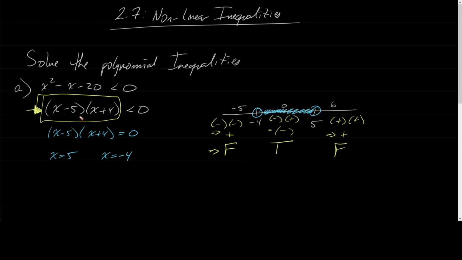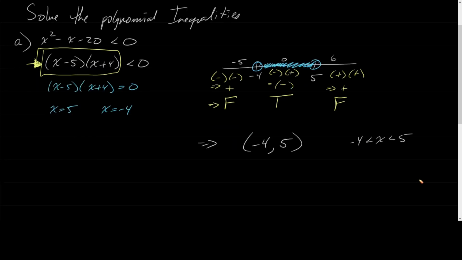So what it tells us here is that our solution is from negative 4 to 5. Or you can write it as x is between negative 4 and 5, not including negative 4 nor 5.